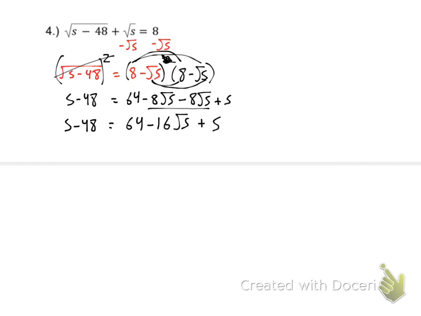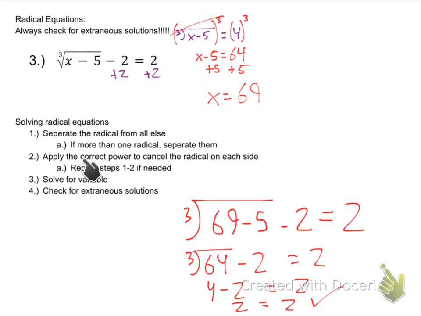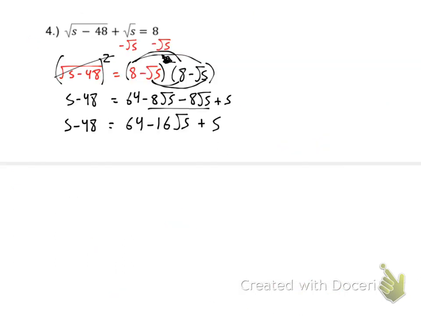Part of our rules here said once you apply the correct power, you may have to repeat steps 1 and 2 again. Step 1 said separate. Get everything that's not a square root to one side, which means subtract s from both sides. That's actually going to work to my advantage, isn't it?